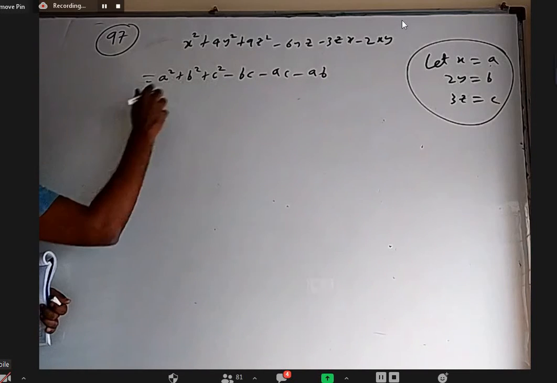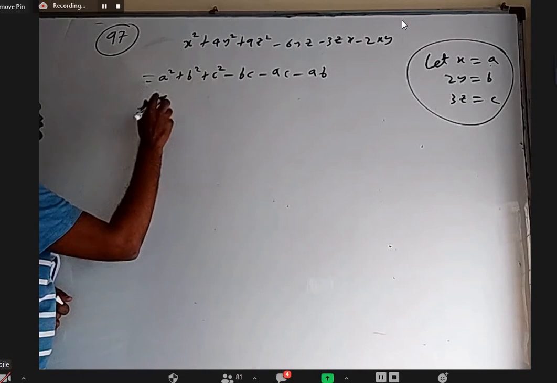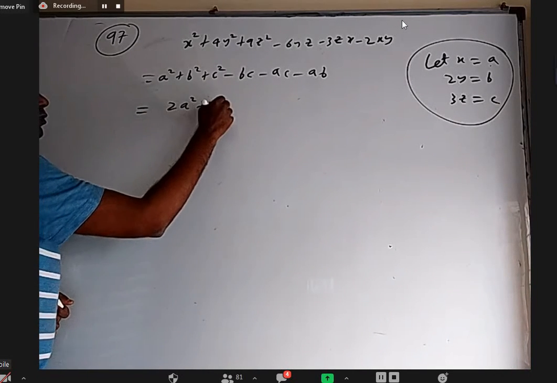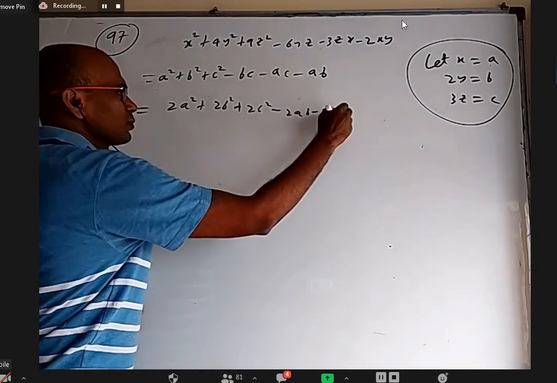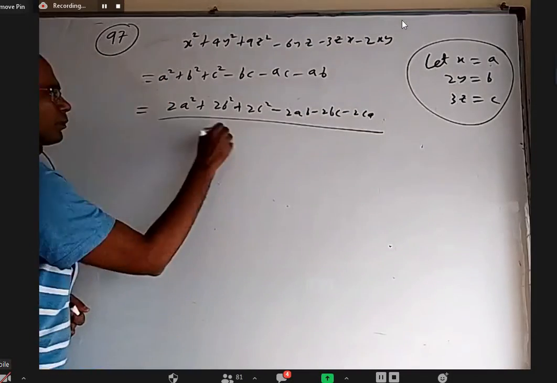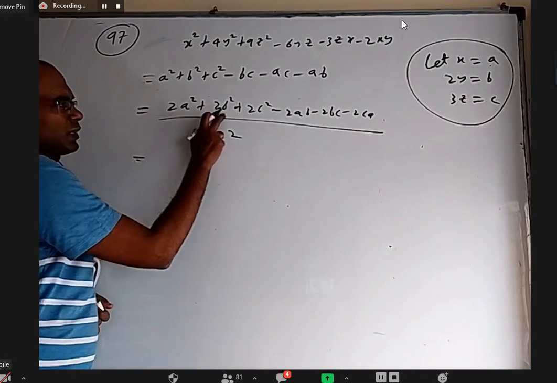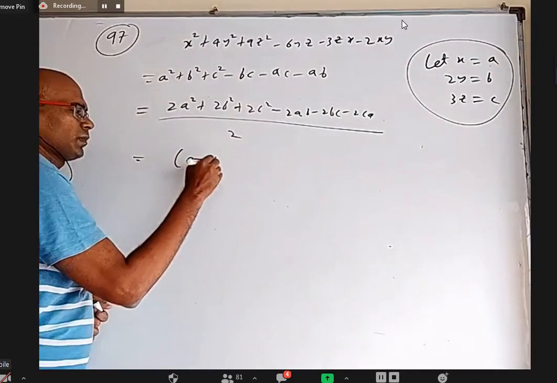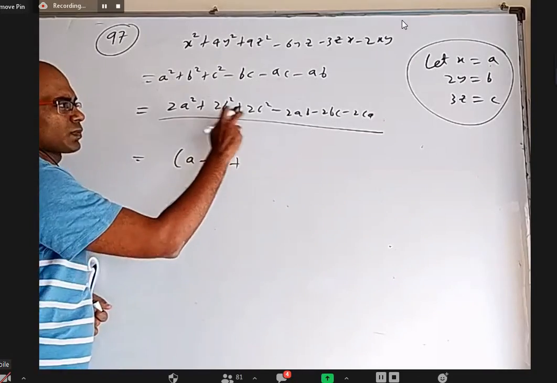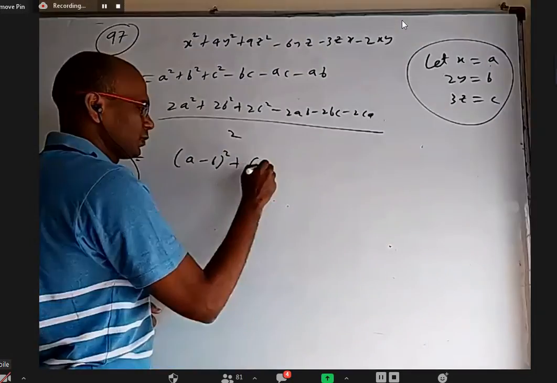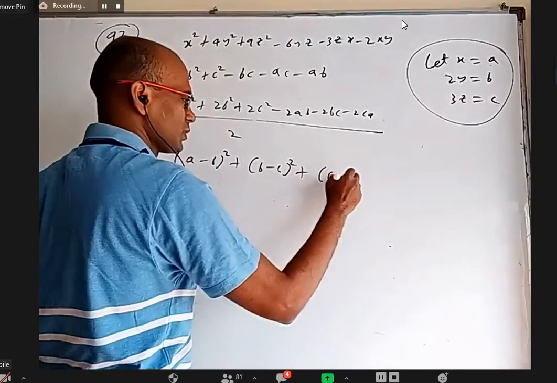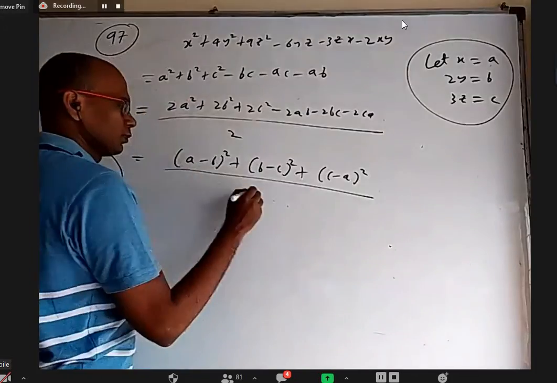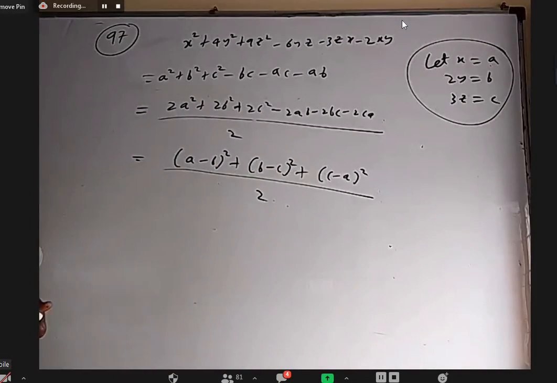And this we came across quite a few times earlier. I'll multiply and divide with 2 now. 2a square plus 2b square plus 2c square minus 2ab minus 2bc minus 2ca, by 2. If I take 1a square, 1b square, minus 2ab, it will be (a minus b) whole square. 1b square, 1c square, minus 2bc will be (b minus c) whole square. 1c square, 1a square together, minus 2ca is (c minus a) whole square, by 2.